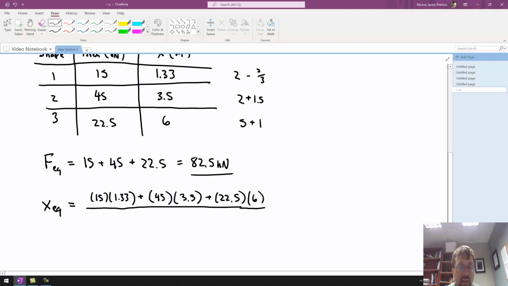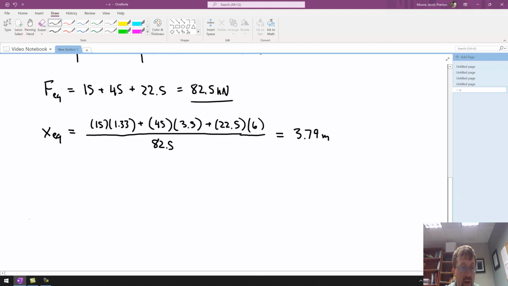I add those three pieces and divide by the total area, which I already calculated, 82.5. Plugging that all into a calculator, I get 3.79 meters.